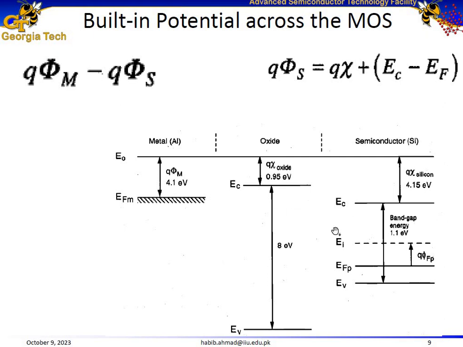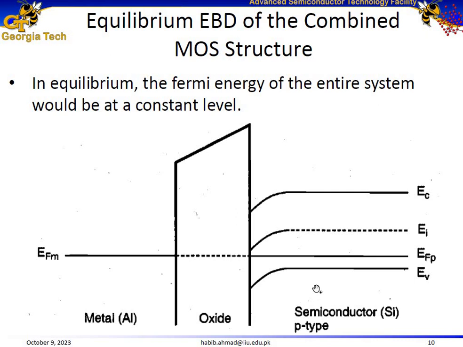And for that constant energy level, we need to bring this Fermi energy level upwards. And when we do that, the valence energy level, the intrinsic energy level, and the conduction energy level would be bent upwards, which we can see in the next slides.